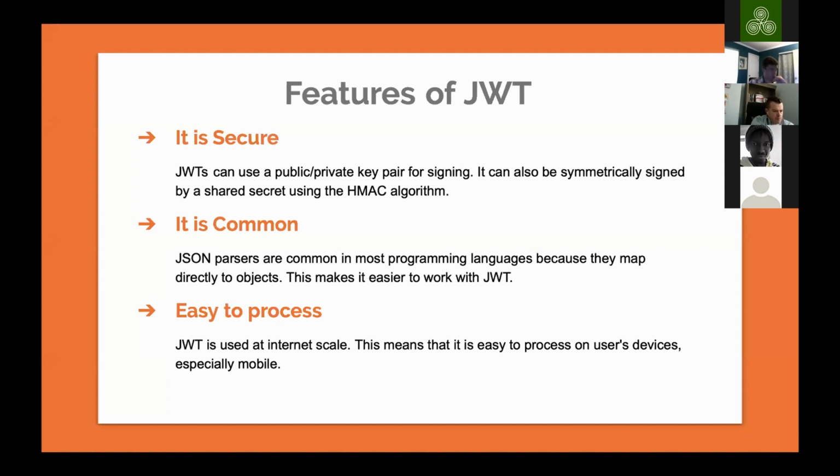Features of JWT. Number one, it's secure. JWTs can use a public or private key pair for signing. It can also be symmetrically signed by a shared secret using the HMAC algorithm.